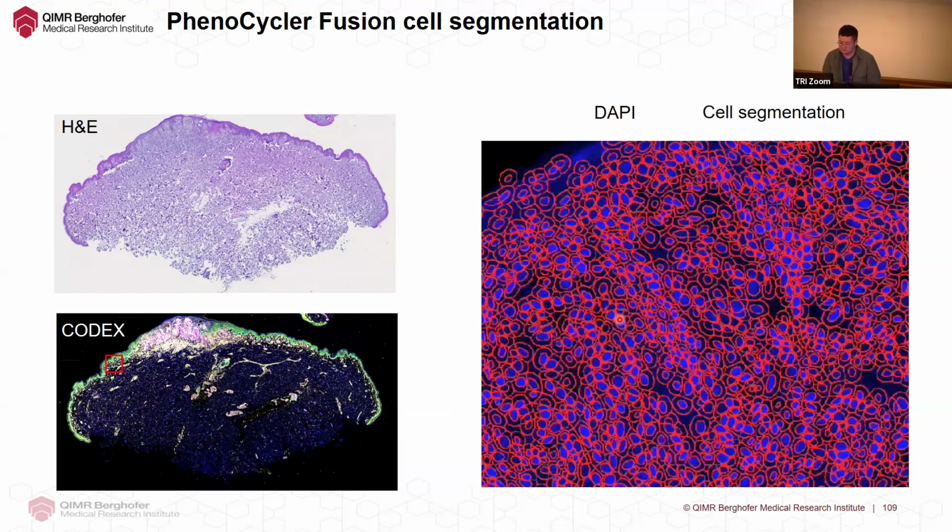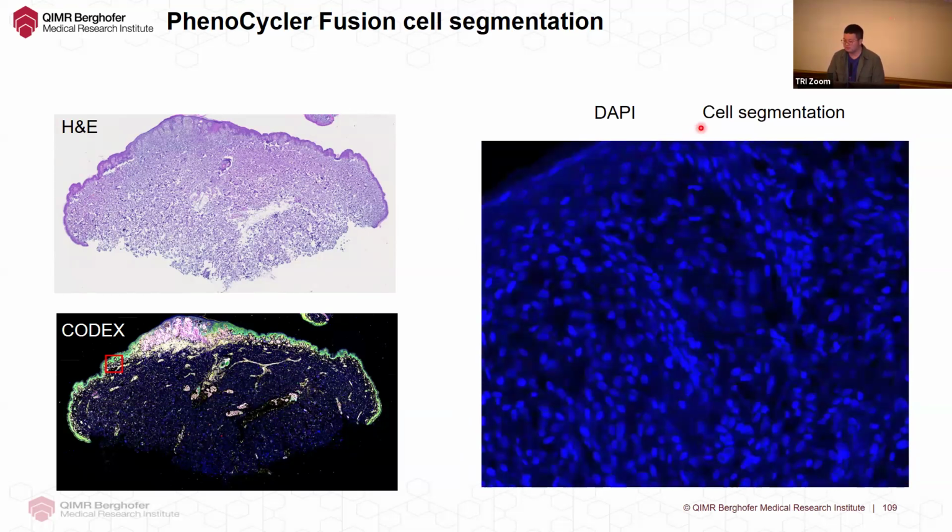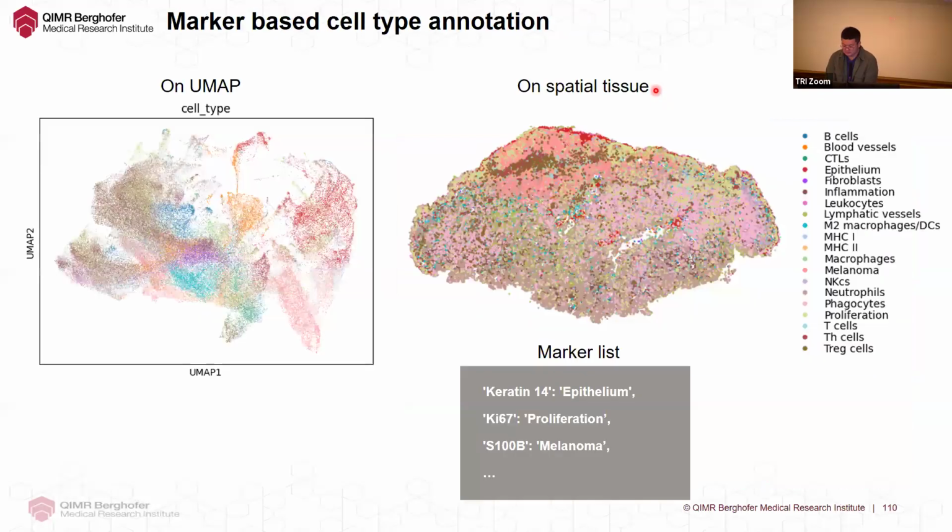And to get the protein data at single-cell resolution, we first need to perform cell segmentation on the DAPI channel, and then we can aggregate all the protein signal from different channels and generate the single-cell data.